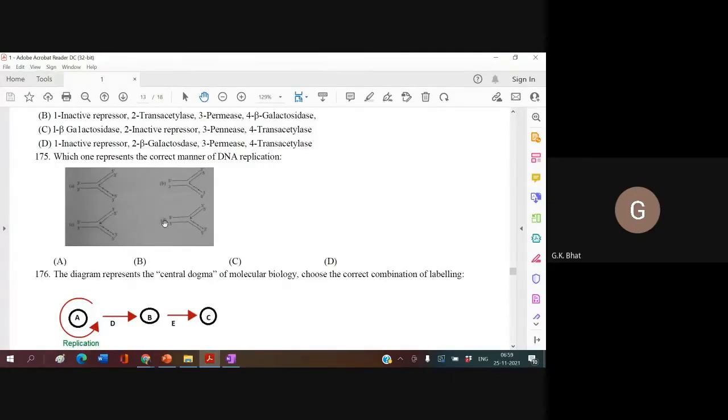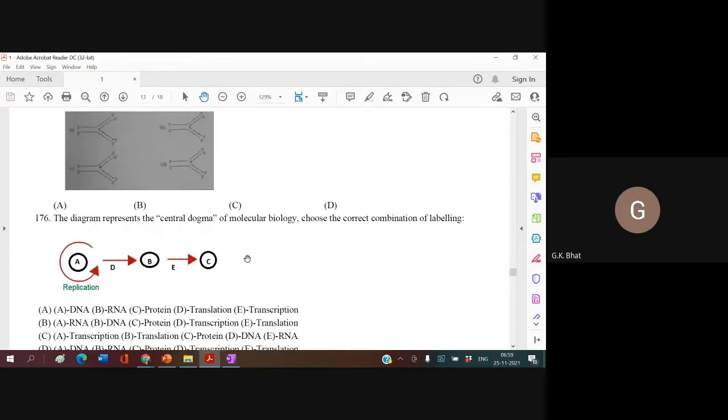Which one holds good for this? Is it A? You please look into all these. C. D. Please look into that. In your book, compare with that. 176.